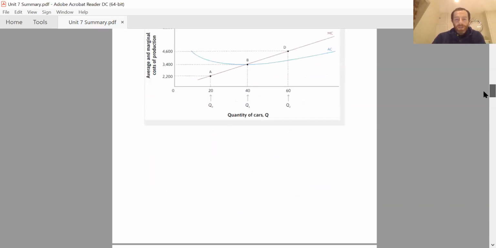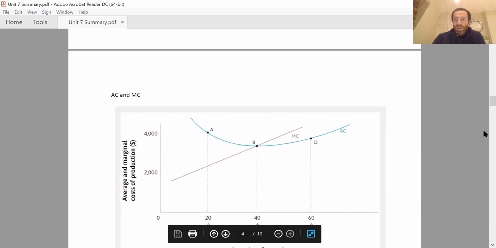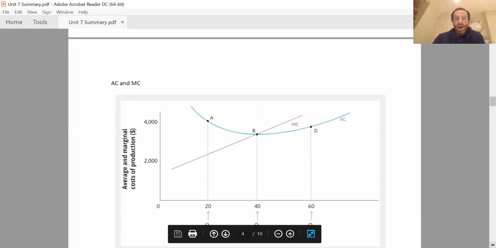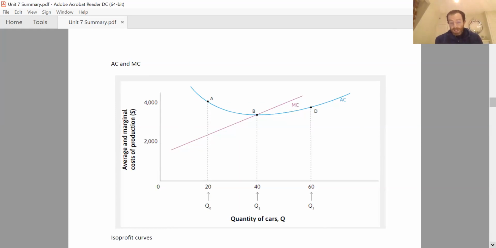Okay, so the final thing I wanted to talk about, a little bit of a pause, and the final thing that really links together average cost and marginal cost, is this very key idea that you can see when you look at this graph: the marginal cost and the average cost curve will meet each other where average cost is at its minimum.